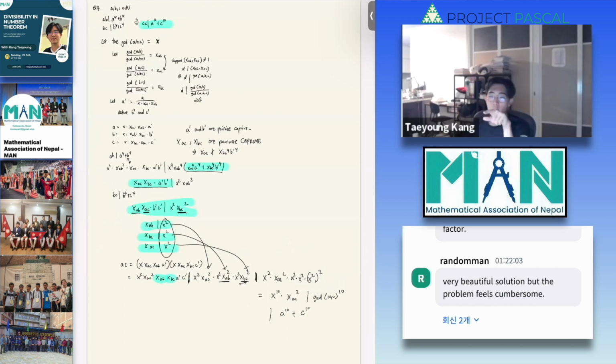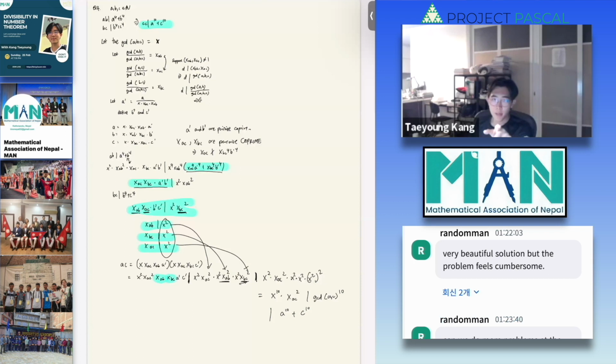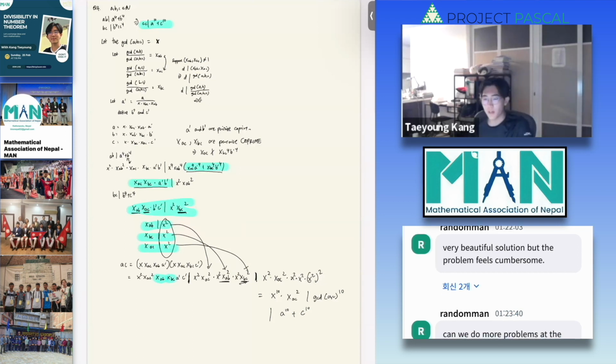Actually, I feel like this problem is not a very hard problem. What this problem requires you to do is identify that it's a greatest common divisor type problem, and you constantly exploit the divisibility conditions given. And you should suspect it when you see the power of 10 conditions, right?